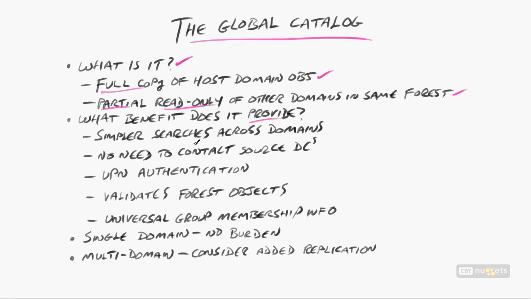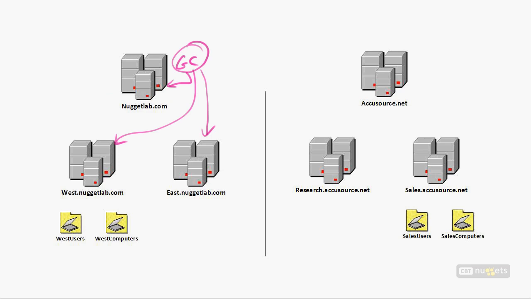First of all, it's going to give us simpler searches across domains. For example, maybe I'm a user and I'm just searching for a specific user down here, and I think their name begins with P. Jones, something like that. I don't know if it's P. Jones or P. Johnson. I can just type PJ and then do a search against the objects from this domain. But guess what?